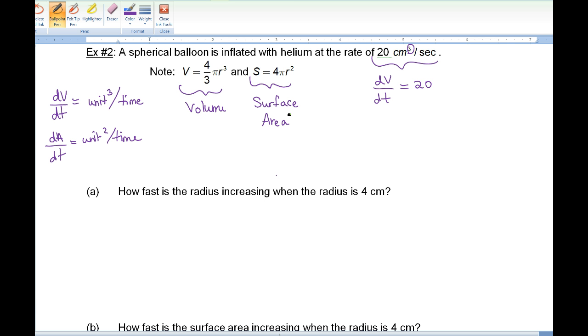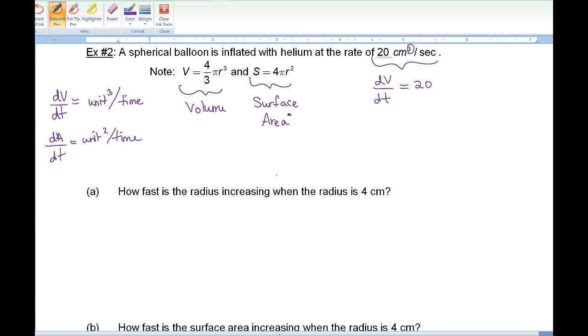Let's look at the first one. How fast is the radius increasing when the radius is 4 centimeters? Remember, we have the change in volume. Helium is going into this sphere at 20 cubic centimeters per second.